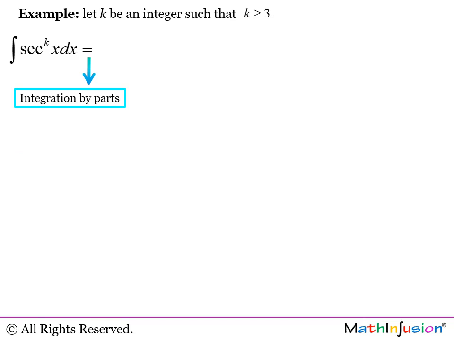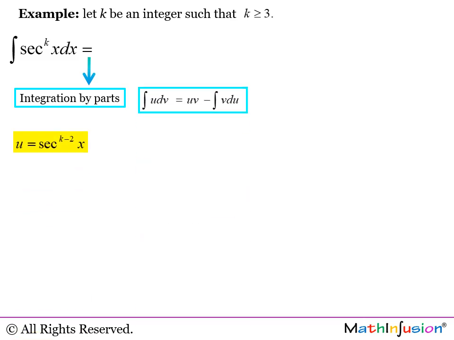This time, we are going to do integration by parts. For that, we have to split secant^k x into a product of two functions. I'm going to split the exponent k into k minus 2 and 2.